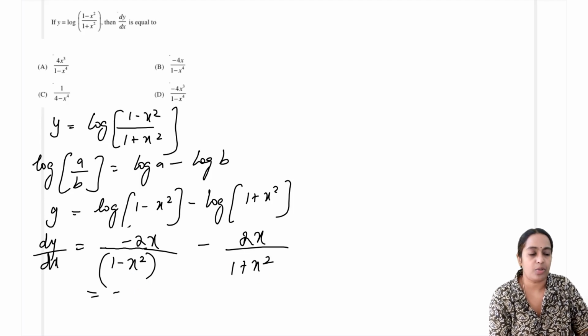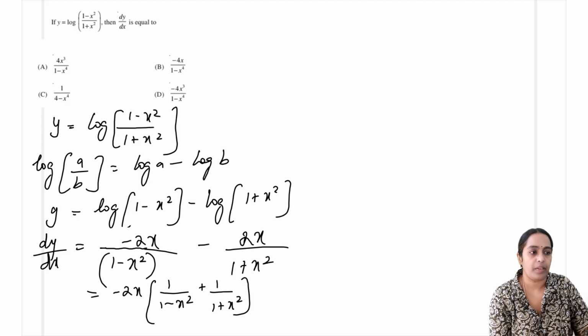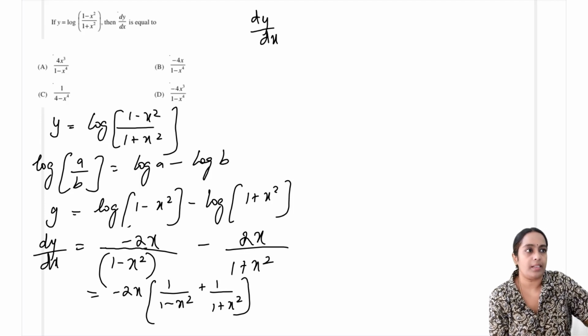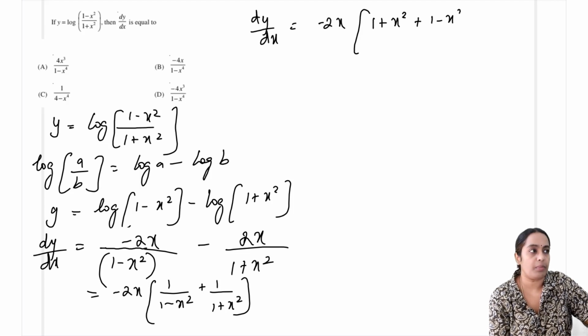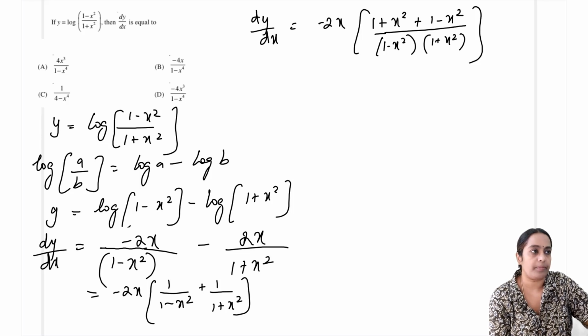Minus 2x is common, which I can take out. Inside the bracket, I will have 1 by (1 minus x square) plus 1 by (1 plus x square). Now I can take LCM inside. So minus 2x, and when I take LCM, it's going to be (1 plus x square) plus (1 minus x square) divided by my LCM, (1 minus x square) multiplied with (1 plus x square).